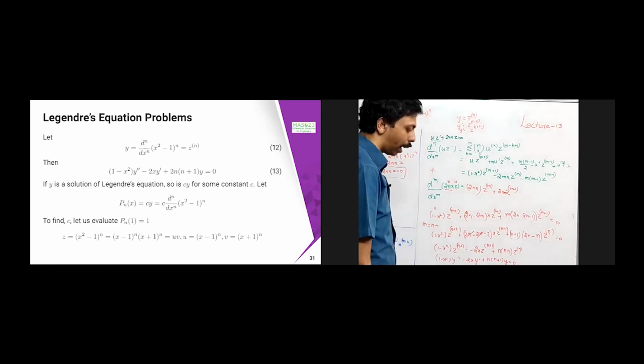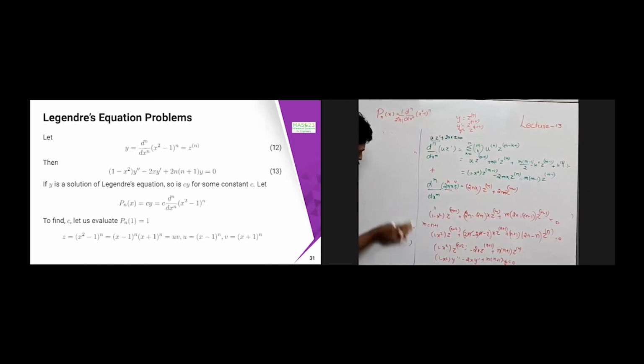Pn of x, with some constant, is going to be there. That constant I am not keeping; the only thing we need to remember is 2 power n into n factorial. So now y is a Legendre polynomial, therefore I am going to have Pn of x.